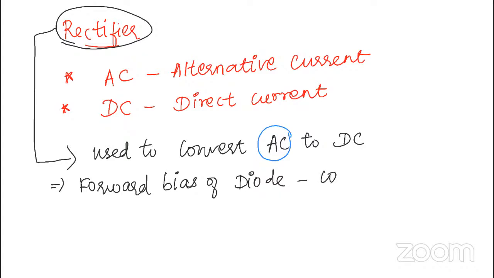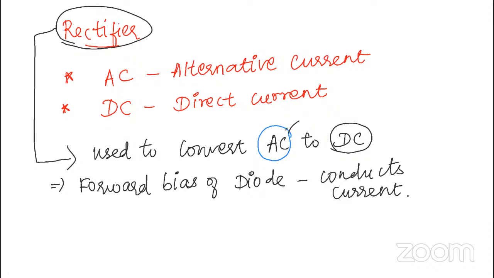So it conducts the current. For activating the fridge, TV and all, we need that AC circuit. We cannot use direct current at that time. So AC current is what we are using.